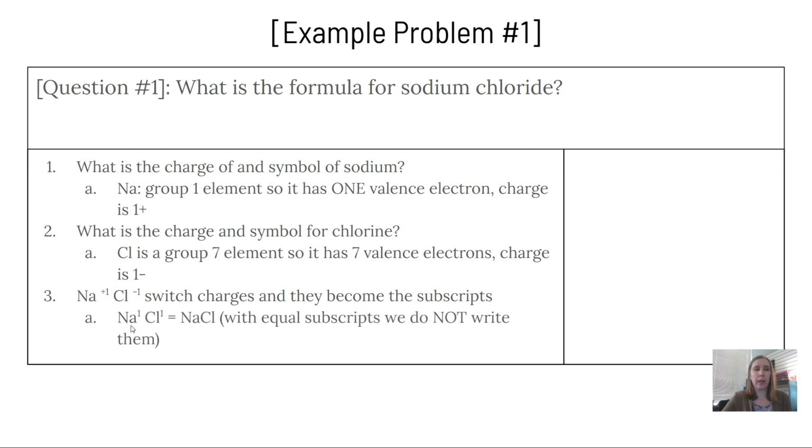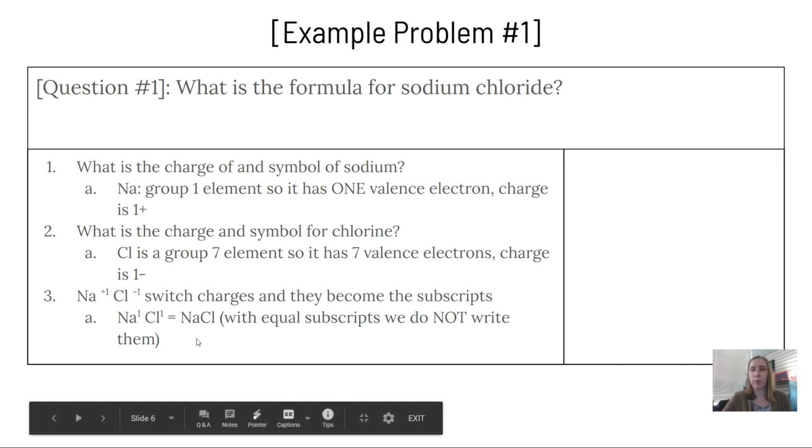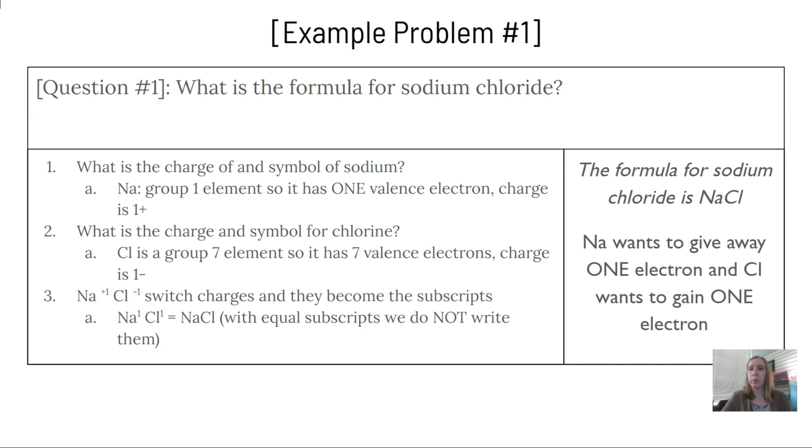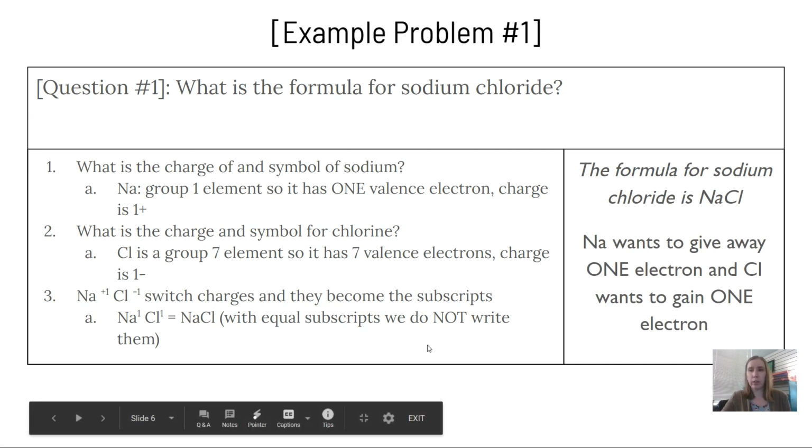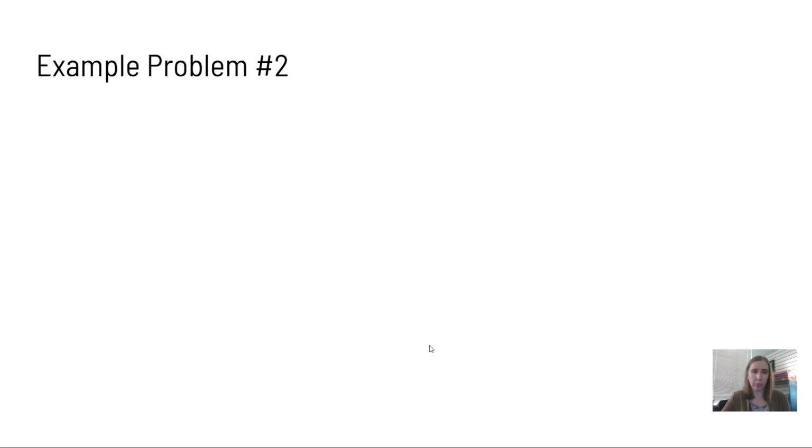So our example would be Na1Cl1 equals NaCl. We have equal subscripts, so we don't write them. We're not going to put a subscript of 1 on either the sodium or the chlorine. The formula for sodium chloride is NaCl. Sodium wants to give away 1 electron, and chlorine wants to gain 1 electron. So they're like a perfect match.